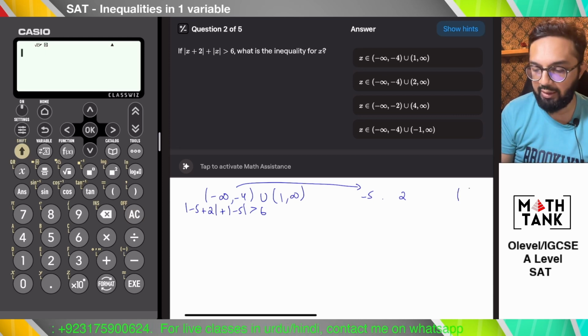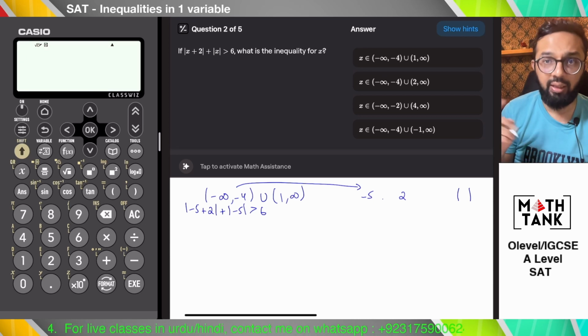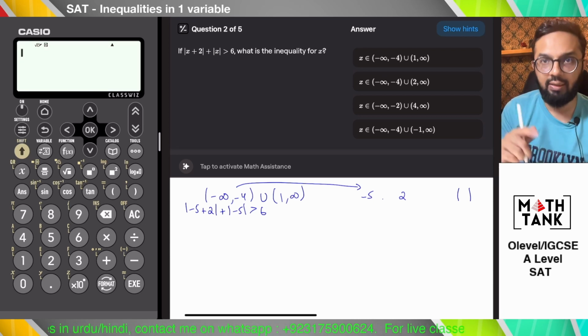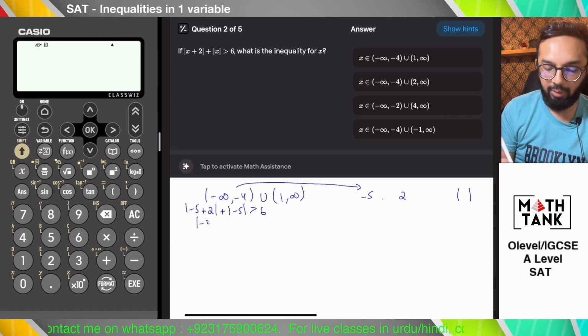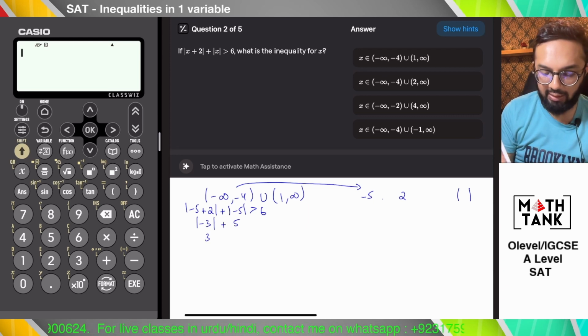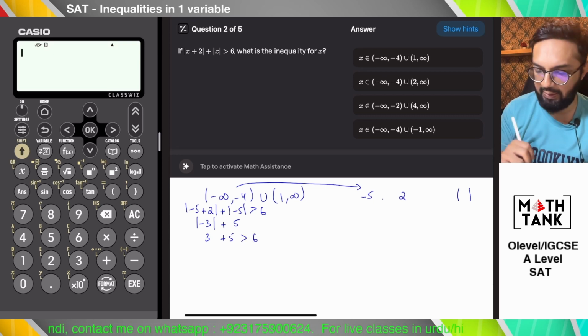What a modulus does is it changes a negative number inside to a positive number. So the modulus of minus 3 is going to be 3. The modulus of 5 minus 5 is going to be 5. Is 5 greater than 6? No, it isn't. So this one is not correct.